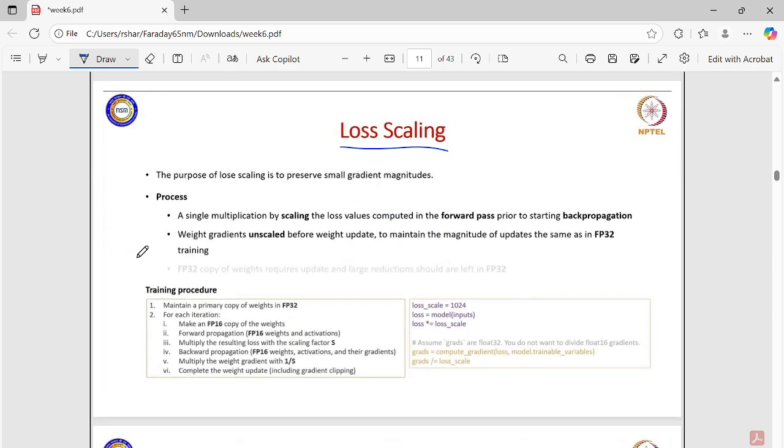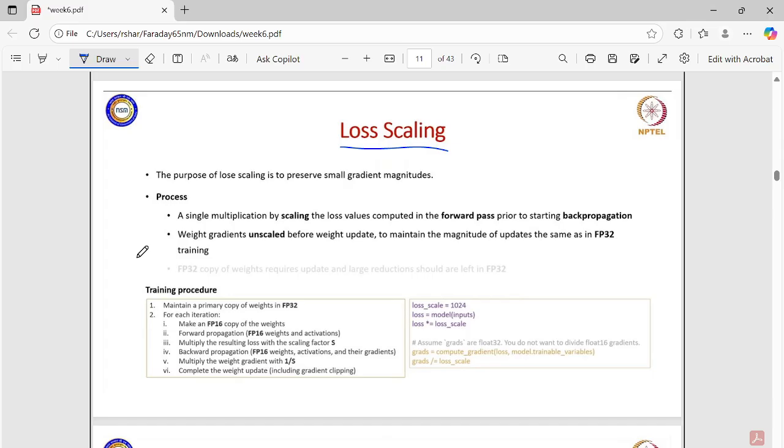So loss scaling, as we said, is a technique used in mixed precision training to prevent gradient underflow when using 16-bit floating point numbers. FP16 has a smaller range and less precision than float 32. So when gradients are very small, they can become zero in FP16, which means the model stops learning properly.